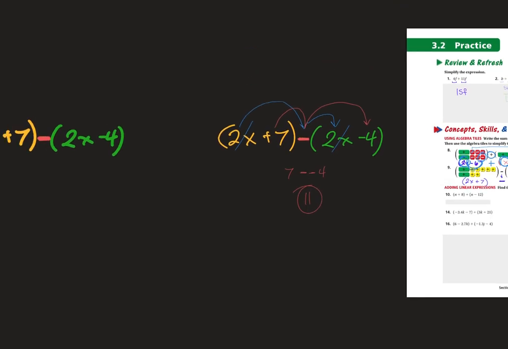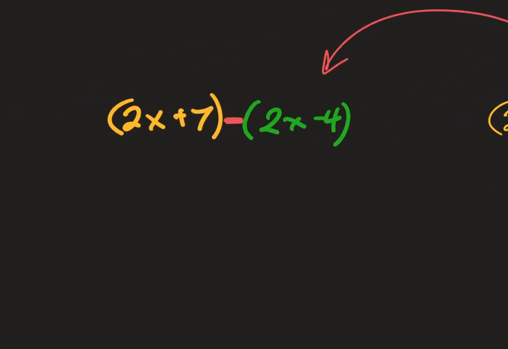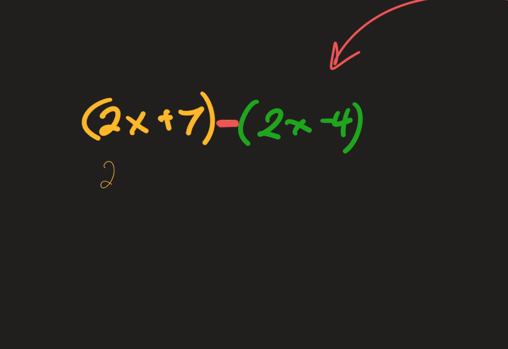But maybe you don't do it this way. Maybe you do it this way. The maybe over here is rewriting things so that you can go, okay, I am subtracting 2x. You're subtracting a positive 2x, right? And then the other one is, you are subtracting a negative 4.